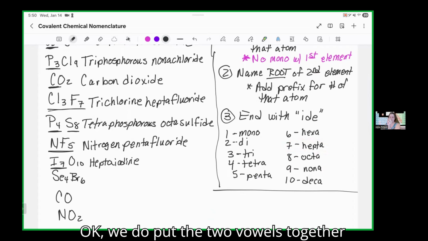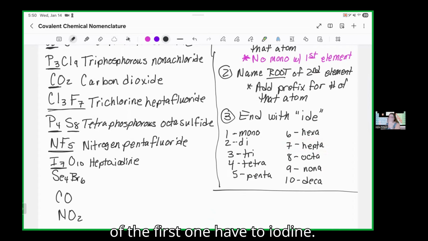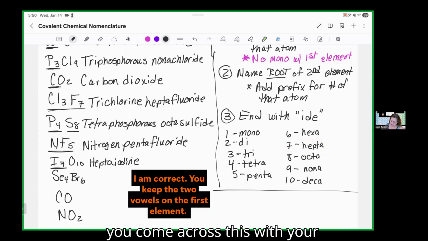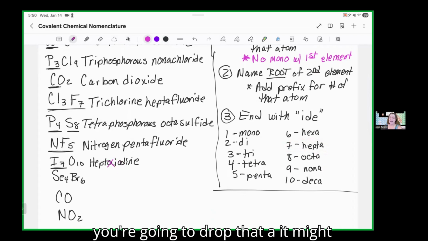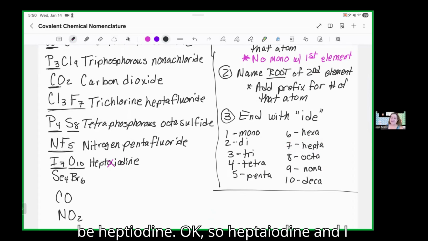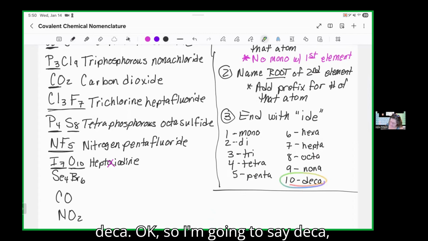We do put the 2 vowels together there because we're just saying how many of the first one, heptaiodine. I could be wrong on that. If you come across this with your instructor, check with your instructor if you're going to drop that A. It might be heptaiodine.